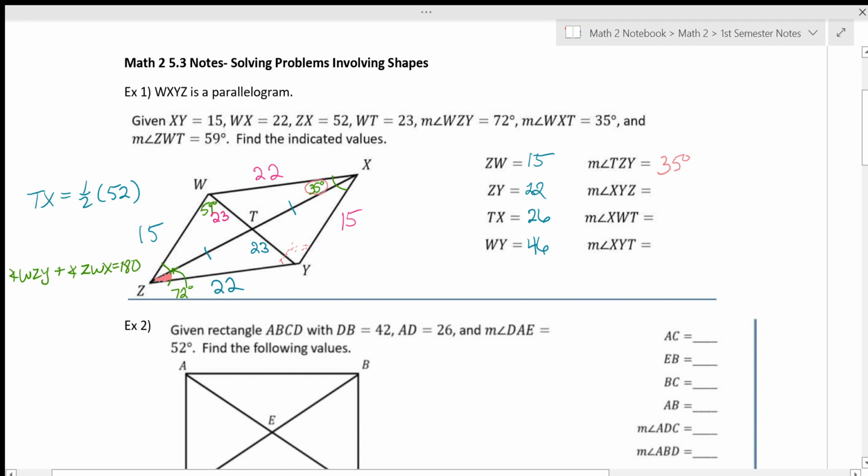WZY is 72, so XYZ is 180 minus 72, which is 108. So X to Y to Z would be 108 degrees. XWT is going to be 108 minus 59, which is 49 degrees.